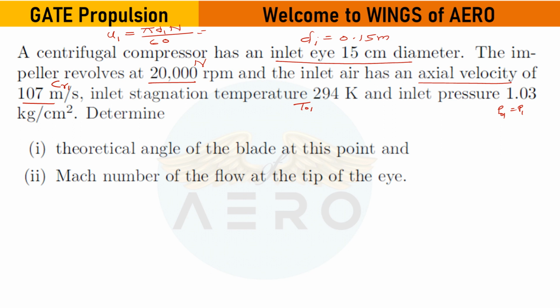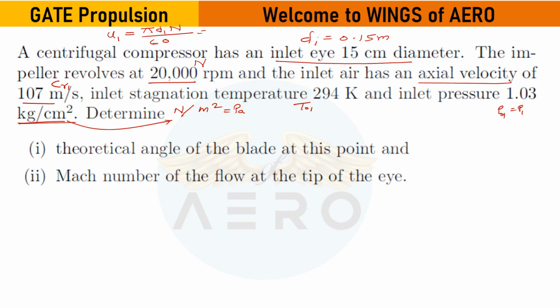And very importantly, this is in kg per centimeter square. How can you convert this kg per centimeter square into Newton per meter square? You need to convert, which is equal to Pascal. Fine, this is very important.